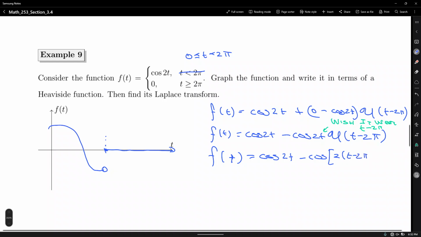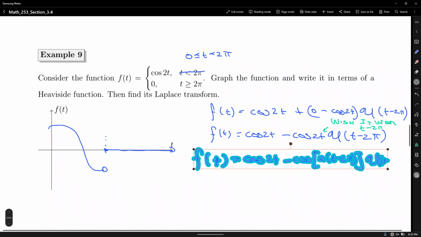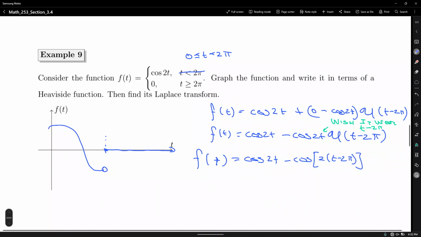Yes, I could write the plus 2 pi, but let me write a note. Let me make some room first.